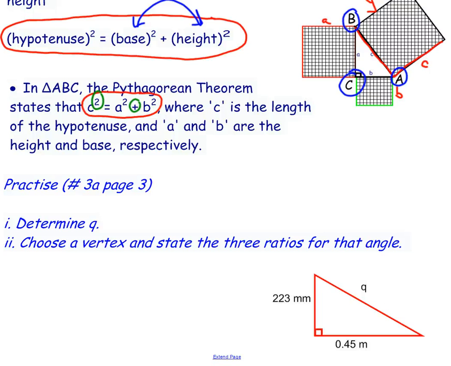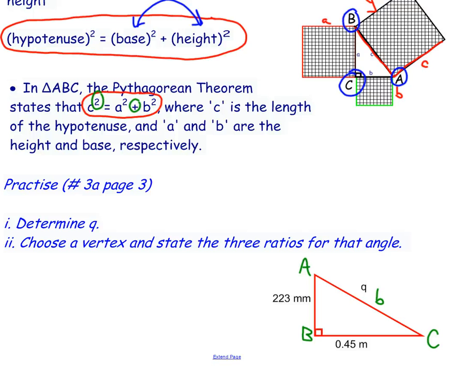Okay, so the first thing I'm going to do is label my triangle. I'm going to label it ABC, but you know what, this time I'm going to put B on the 90-degree angle, A over here, and C over here. Now, for some of you, if you remember in labeling triangles, the lowercase letter is quite often used opposite the capital letter.